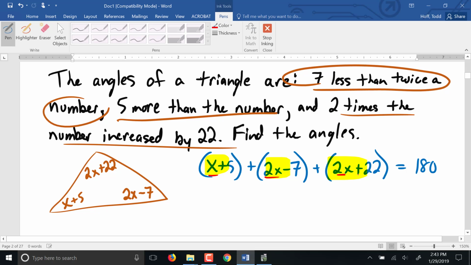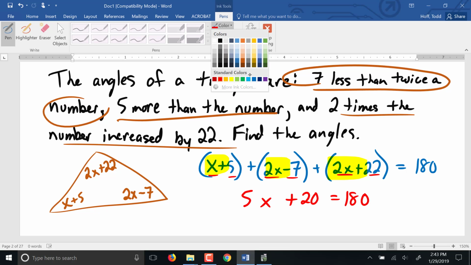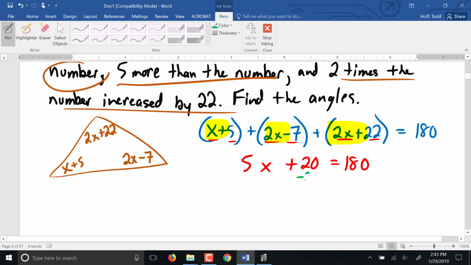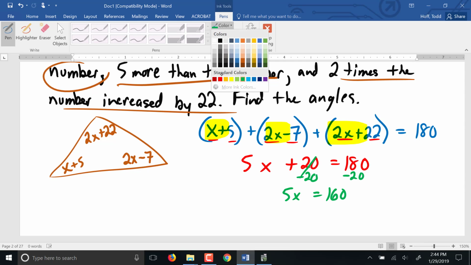We got x, 2x, and 2x makes 5x. 5, negative 7, and 22 is plus 20 equals 180 degrees. Now we solve for x. We'll subtract 20. Gives us 5x equals 160. And finally, we'll divide by 5.